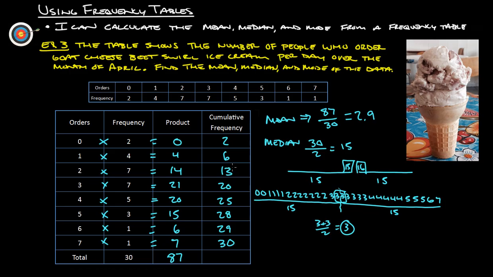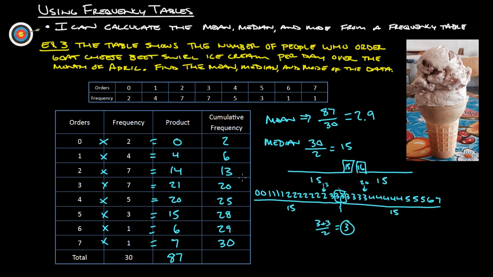Up through 13. So we want to figure out where the 15th and 16th numbers lie. The first 13 numbers are all going to be zeros, ones, and twos. So that's right here, which means this is the 13th number. And then up through 20, all the way out to here, this is the 20th number.